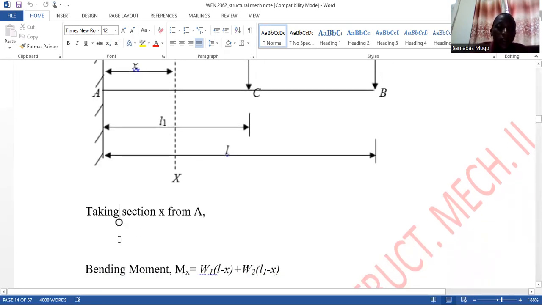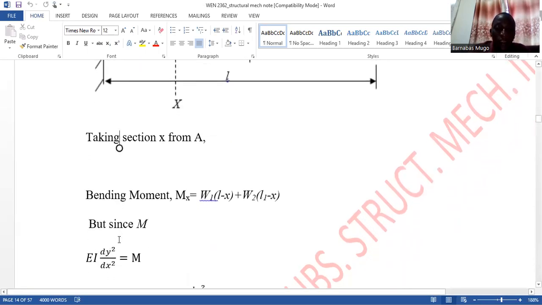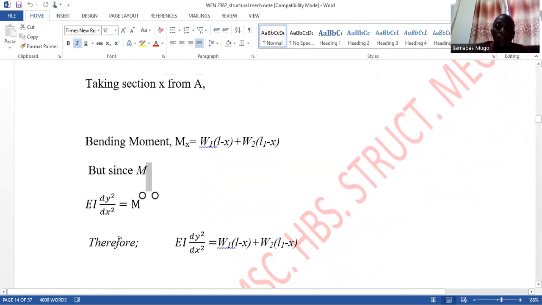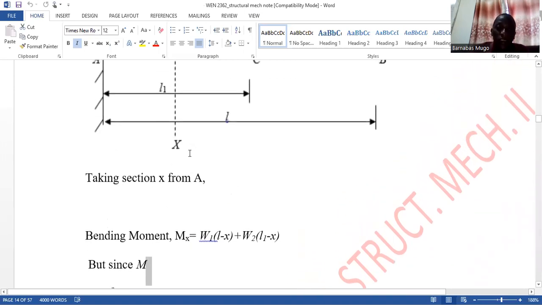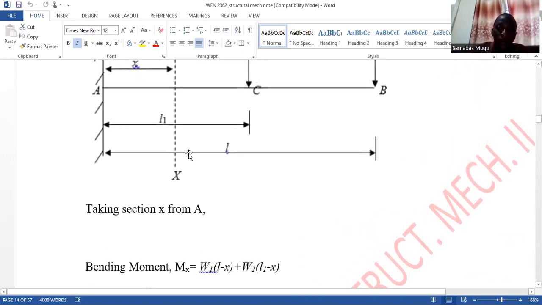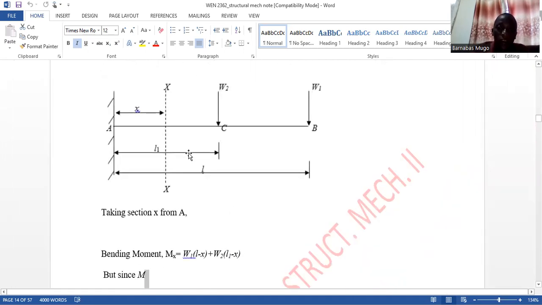So if you take the section X, the bending moment is going to be given by this formula. The moment at X is distance times the force.